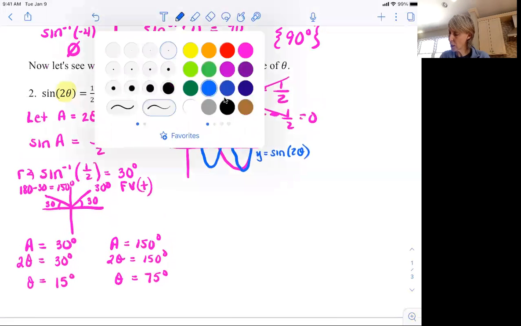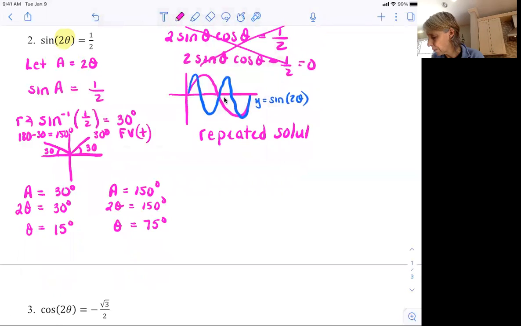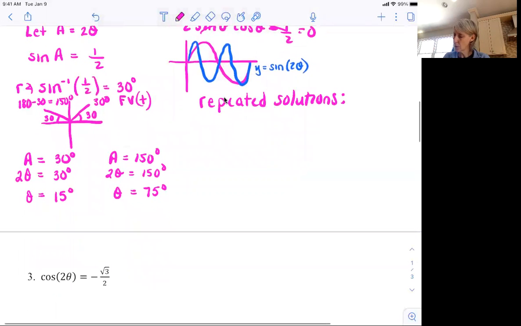So what we have to talk about when we solve these types of equations with a multiple angle is that we have to find what we call repeated solutions. And this is going to be based on the period of the curve. A normal sine curve has a period of 2 pi.